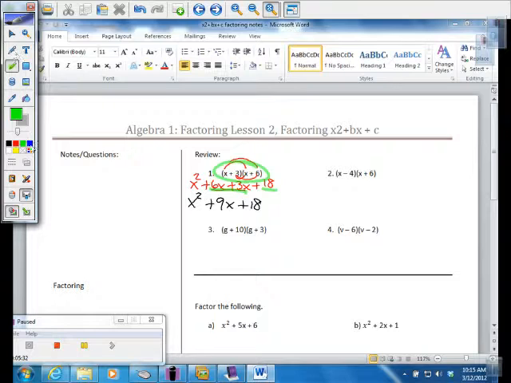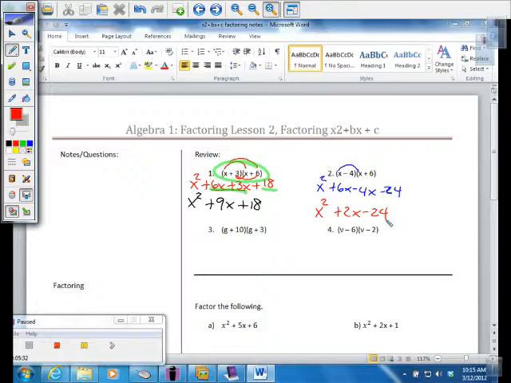That's what's important here. If we look at number 2, we get the same thing. I get x squared plus 6x minus 4x minus 24. And you can see again how the signs change and how that might affect it. In this case, I get x squared plus 2x minus 24. And the same thing: how did I get to 24?